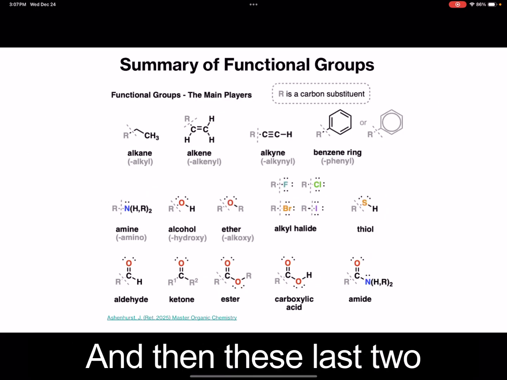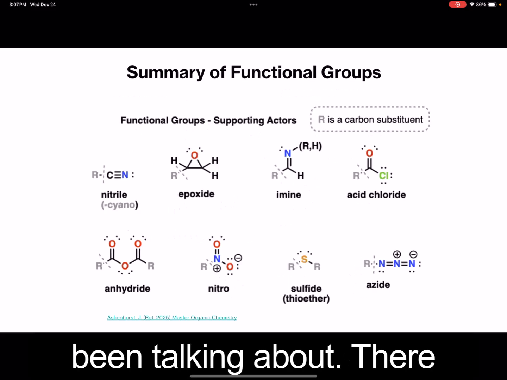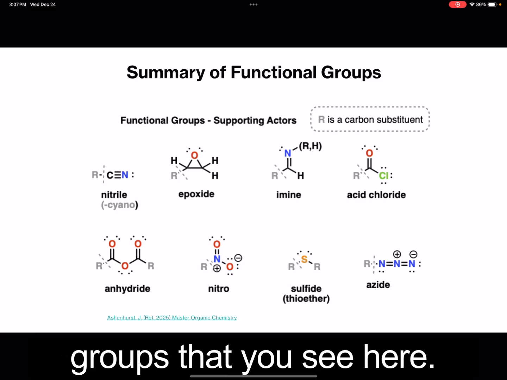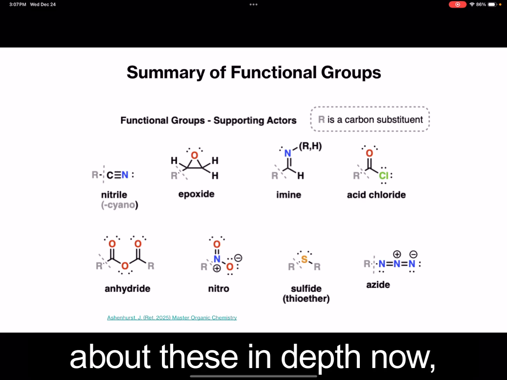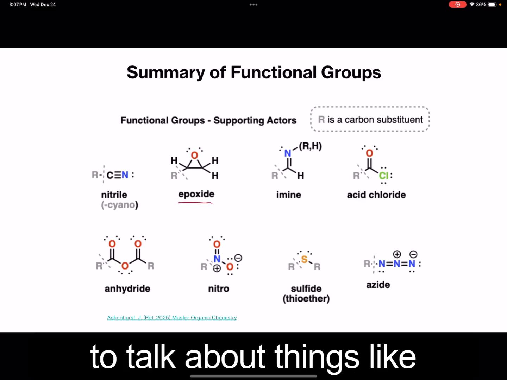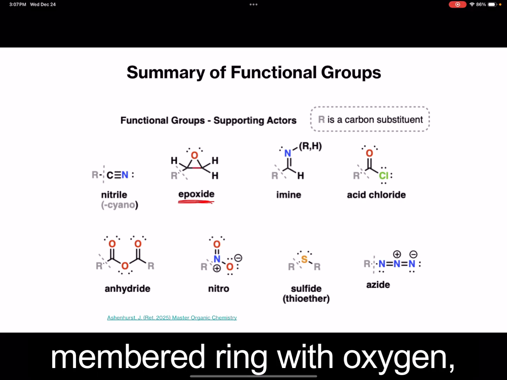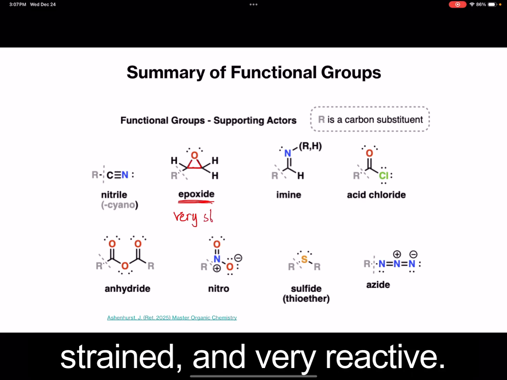All right. And then these last two slides just show you a summary of what we've been talking about. There are some special functional groups that you see here. We are not going to talk about these in depth now, but we will be coming back to talk about things like epoxides. That is a 3-membered ring with oxygen, very strained and very reactive.